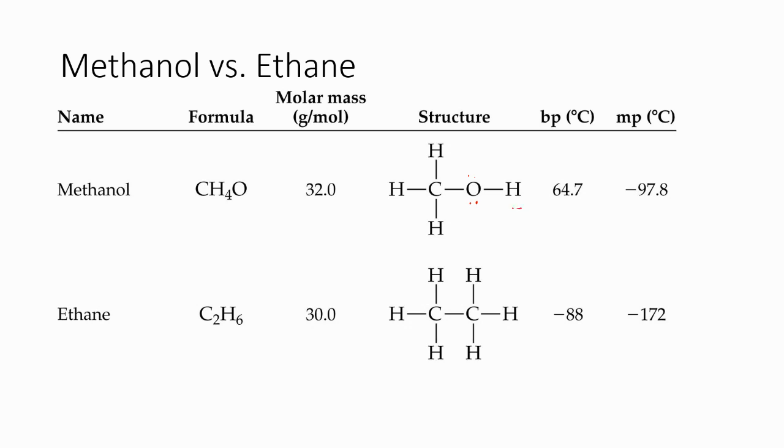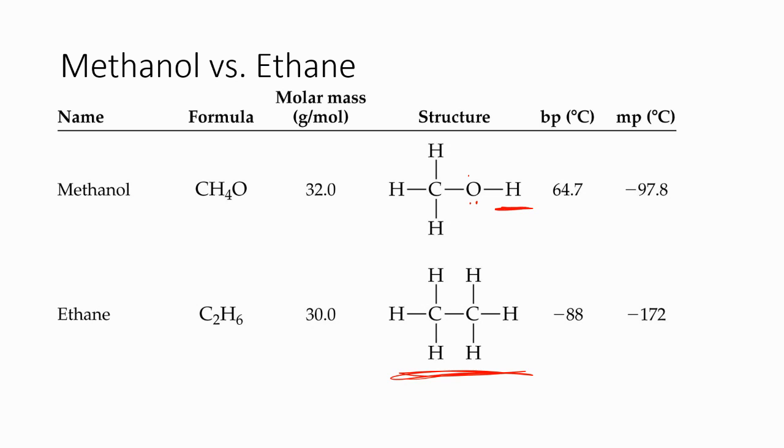It's this hydrogen right there. Why? Because it's directly bonded to an oxygen, one of those three atoms that we said was necessary to make hydrogen bonds. But if I look down here at ethane, ethane doesn't have any hydrogens capable of making a hydrogen bond.